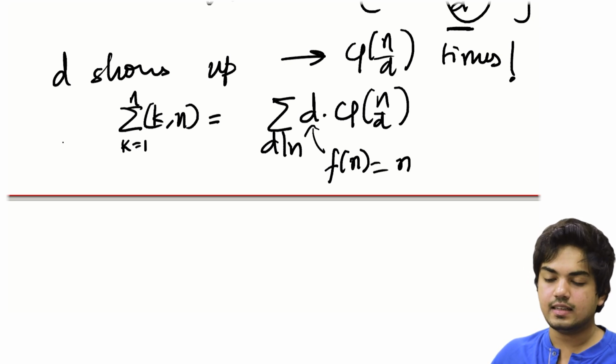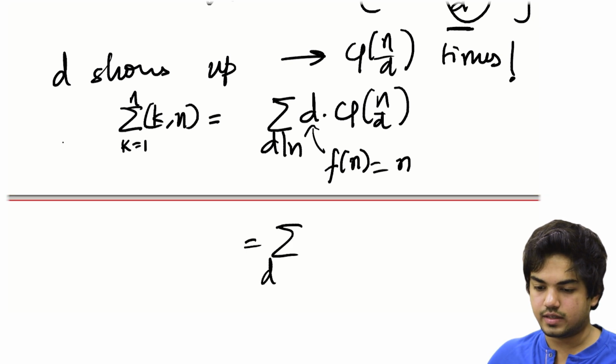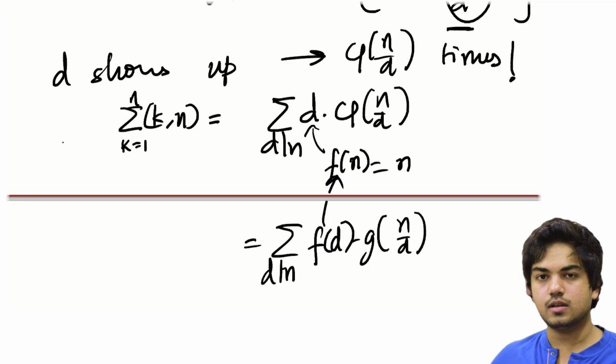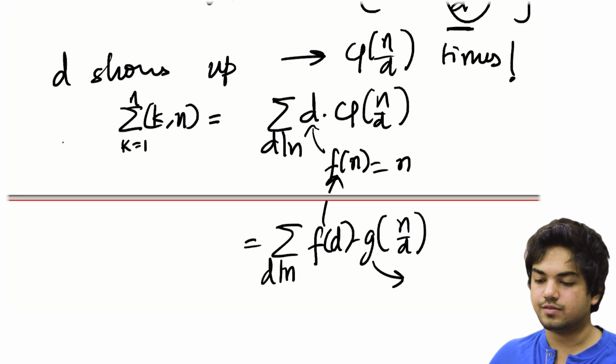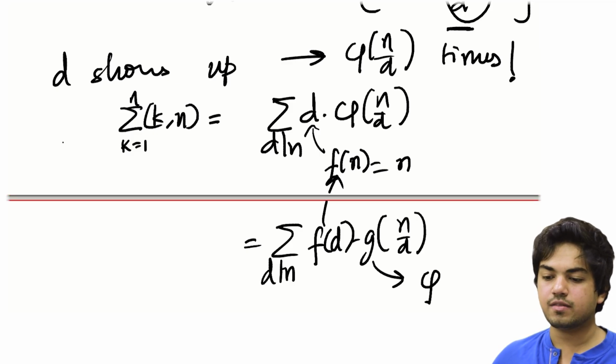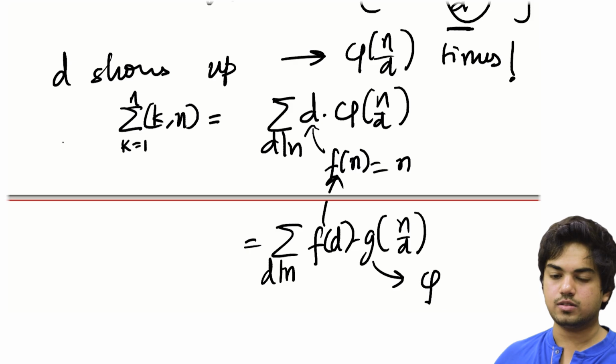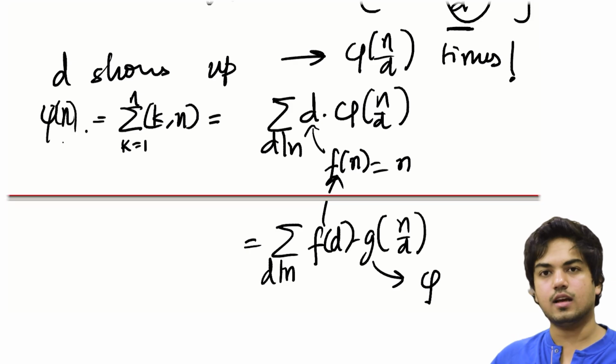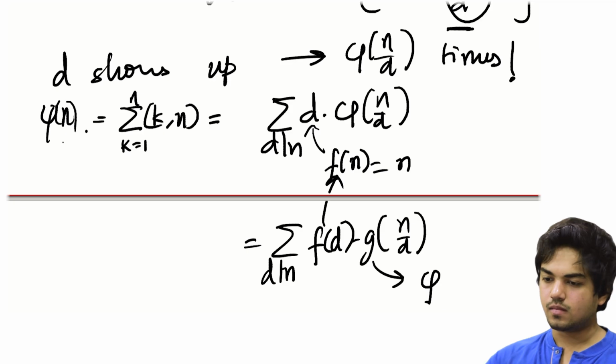So I can write this as sum of D divides n, f of D times g of n by D, where f is just the simple identity function and g is phi. Both of these are multiplicative, hence the Dirichlet convolution C of n is also multiplicative. And that solves part A.